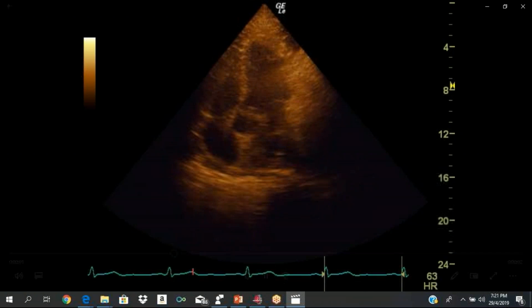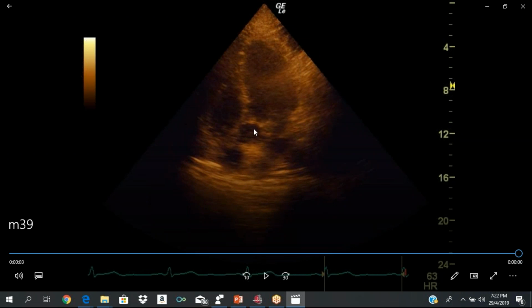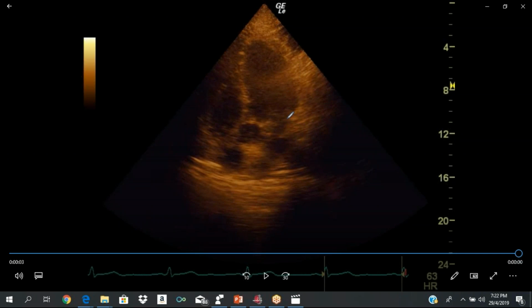So again, if we're going to do the ejection fraction, as we mentioned before, you trace the endocardial border in diastole. So in end diastole, you trace the endocardial border.